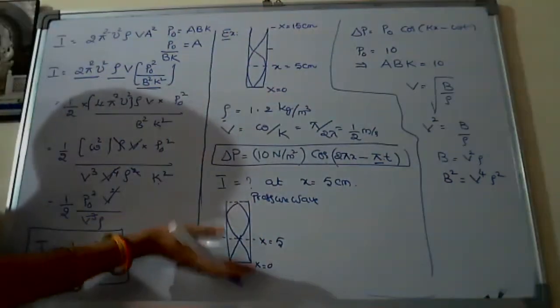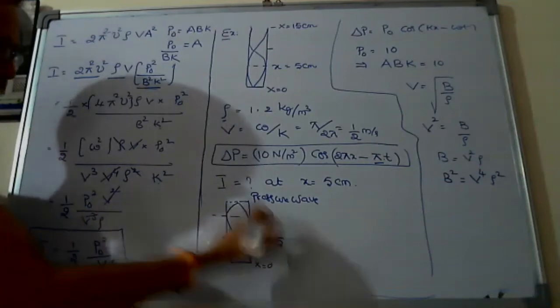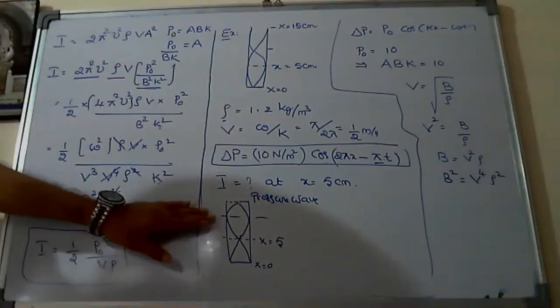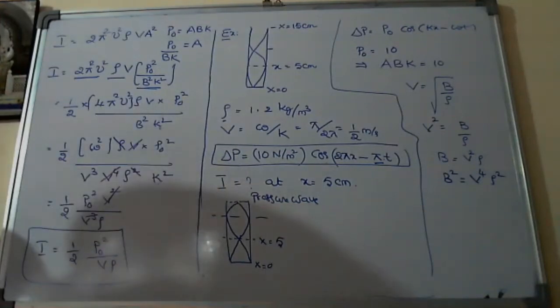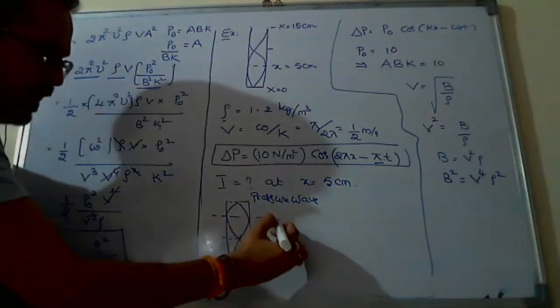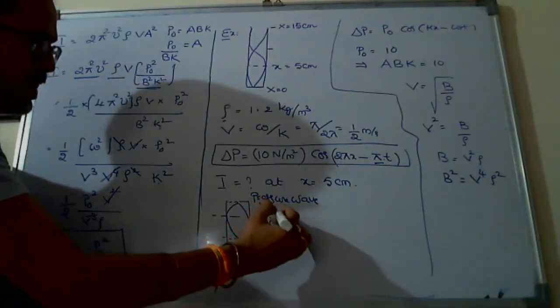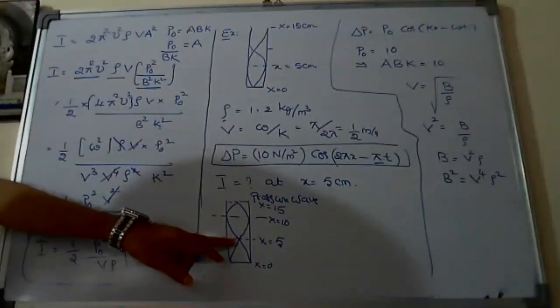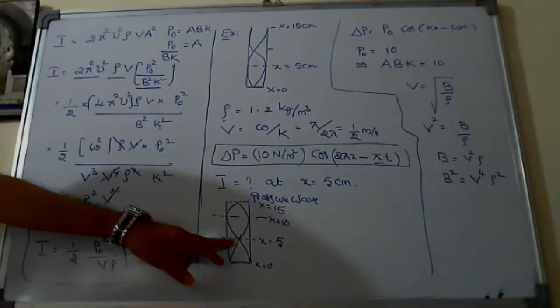Why? Because it appears to be 4 equal parts. Antinode to node, node to antinode, antinode to node. 4 equal parts. So x is equal to 5, x is equal to 10, and here x is equal to 15. So if you see here, pressure node is formed now.